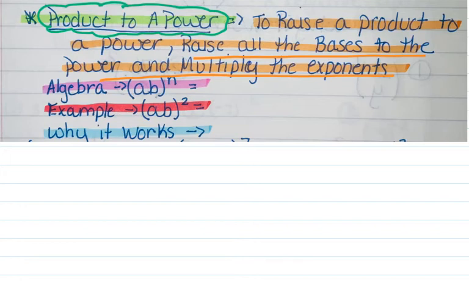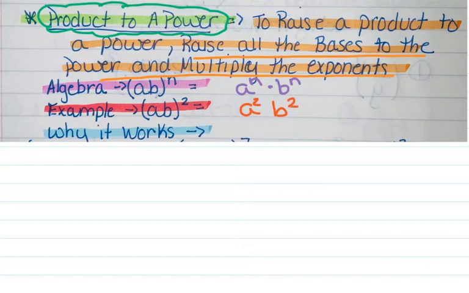So algebra here, this would be a to the n times b to the n. Our exponent there is 1. So in our example, this would simplify to a squared and b squared.